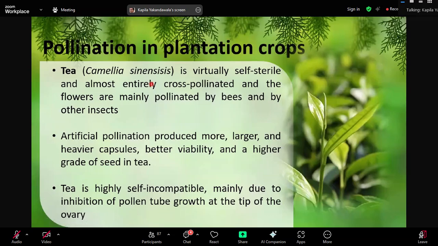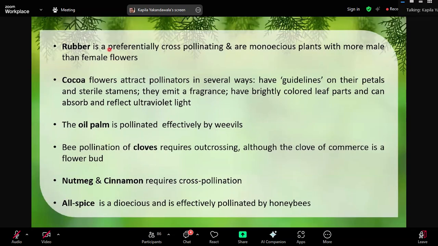Tea: though we use cuttings in propagation, if you want to improve crops, we have to use pollination. It is a cross-pollinated plant. Rubber, cocoa, oil palm, cloves, nutmeg, cinnamon, all spices get some benefit from cross-pollination when you want to develop new varieties.